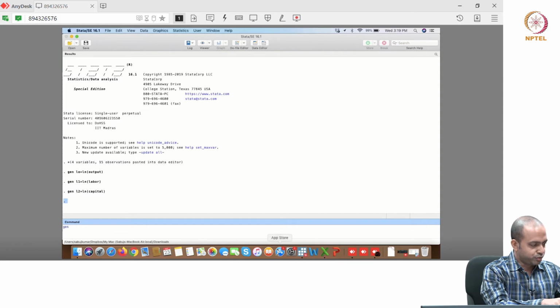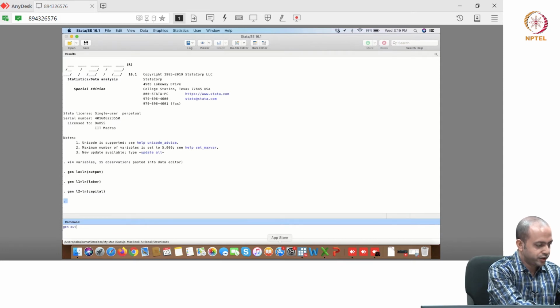Then gen output per unit of labor, which I have named out labor, equals ln in brackets output per labor, and then gen cap labor, capital per unit of labor, equals ln capital divided by labor.